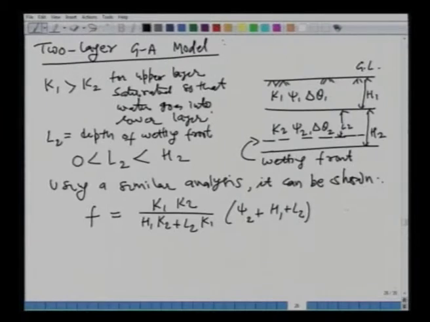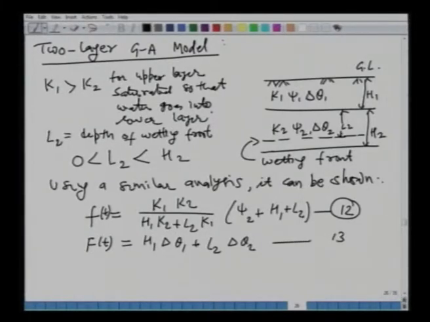This is your equation number 12, and once we have found small f, we can find out capital F, and remember that all of these are functions of time. We are trying to find the rate of infiltration and the cumulative infiltration as a function of time. This is equal to H1 delta theta 1 plus L2 delta theta 2. And this is your equation number 13.